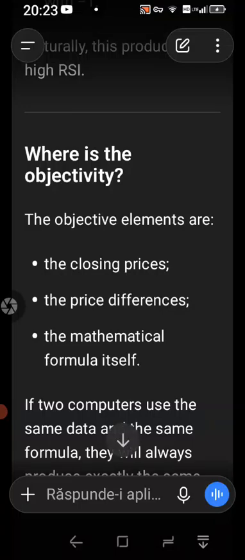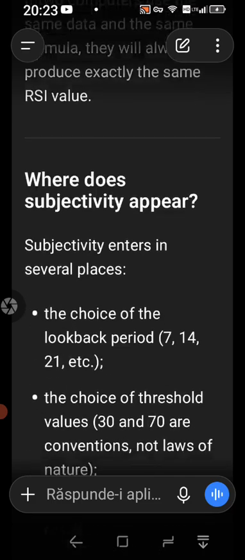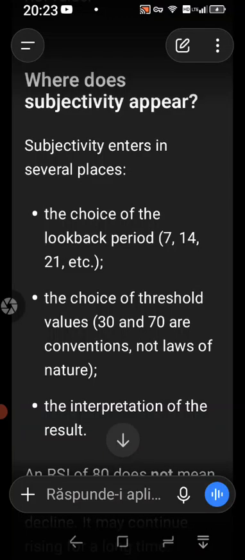Where is the objectivity? The objective elements are the closing prices, the price differences, the mathematical formula itself. If two computers use the same data and the same formula, they will always produce exactly the same RSI value. Where does the subjectivity appear, the epistemological subjectivity of the RSI? Subjectivity enters in several places.